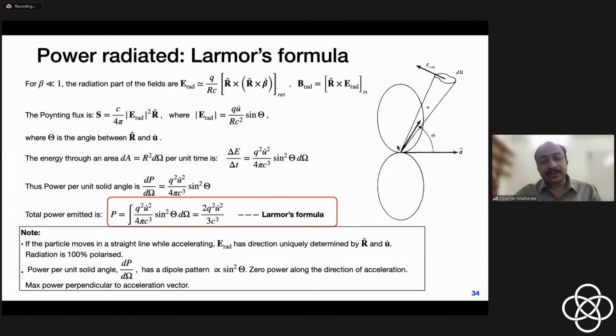I will come to this maybe in two more slides. This quantity integrated over the solid angle is proportional to the square of the acceleration vector, and this is called Larmor's formula. Larmor's formula is very fundamental and very useful in identifying the total power that is emitted, because if you can find the total power emitted per unit solid angle, this gives a direct relation to the J nu quantity for a given system.